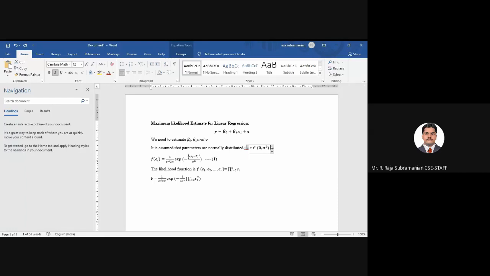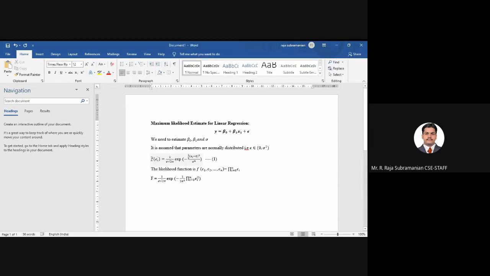So this is the thing. If my distribution is going to give me surely a minimum value, then it will be standard normally distributed, where the sigma squared will be equal to 1. But in a real-time case, I cannot assure that a standard normal distribution exists for all the error terms. So I make sigma squared a variable itself. I don't make it a constant. But the mean I take as 0.